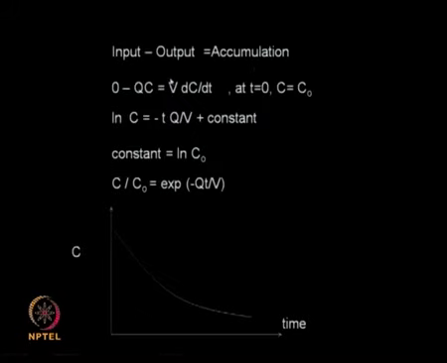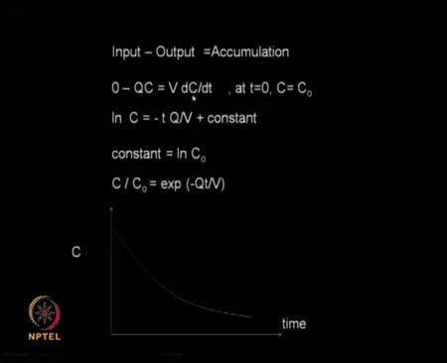What is accumulation? V dC by dt. So it is a first order differential equation. At t equal to 0 we are injecting some solute, so at t equal to 0, C will be equal to C naught.